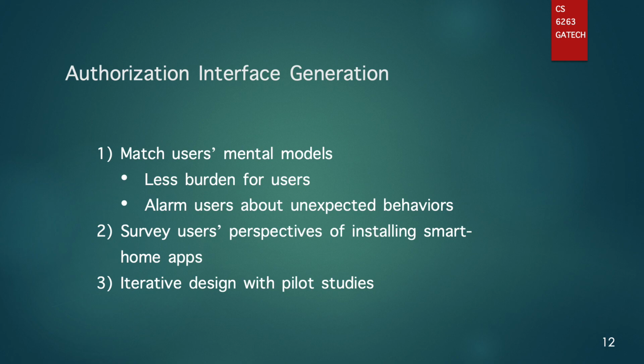This is very important. Then a survey of users' perspectives of installing smart home apps, and finally, iterative design with pilot studies. These user studies were done to better understand what users think, and obviously to build a mental model that will work for almost everybody.